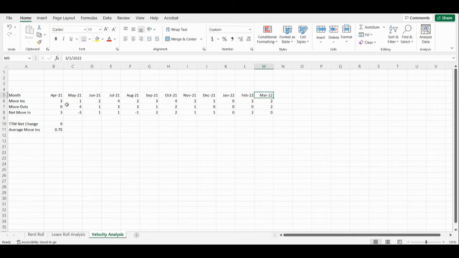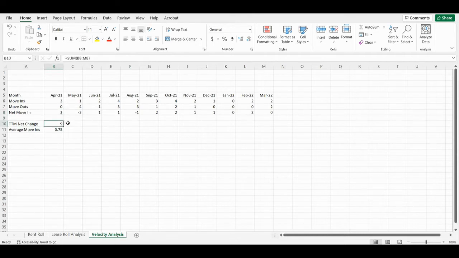It might be easier to set this up on an ongoing basis. But the first thing you'll need is move-ins. So, right here, I've just put in a random amount of move-ins, and then you have your move-outs during the same month. And you just subtract move-outs from move-ins to get your net move-in.